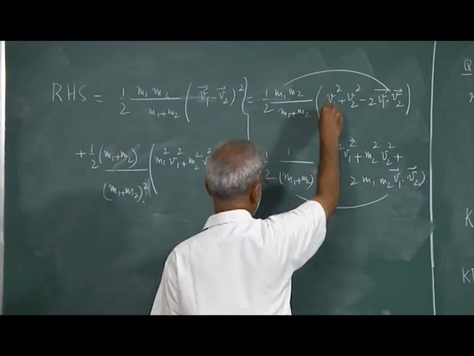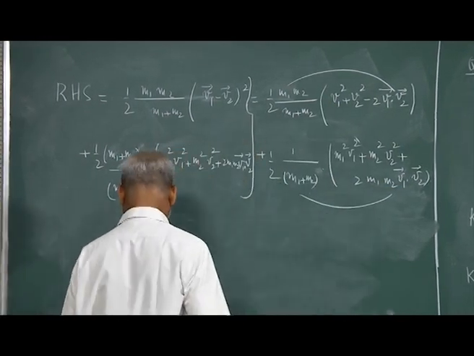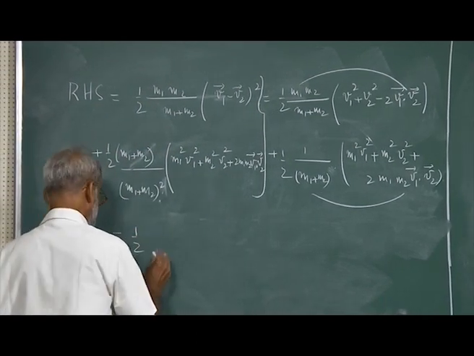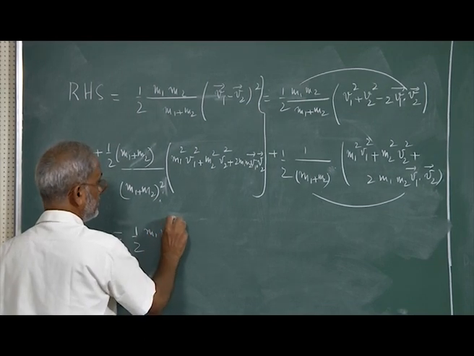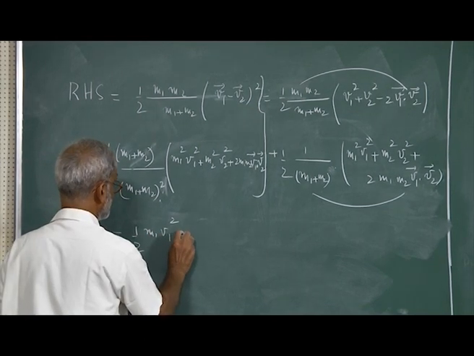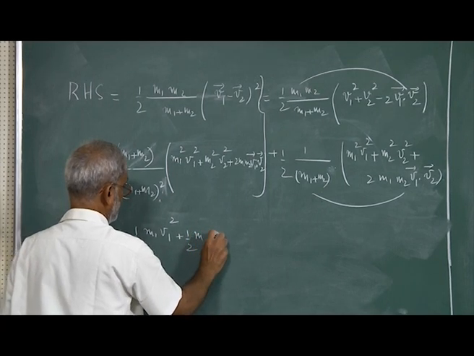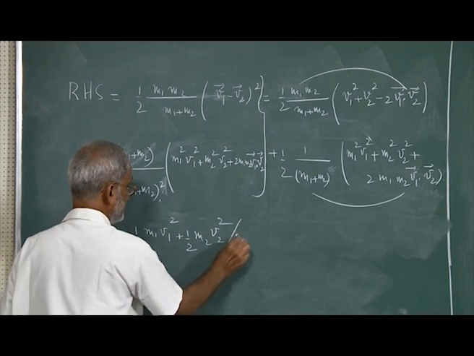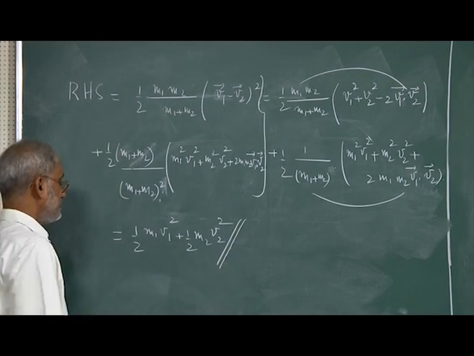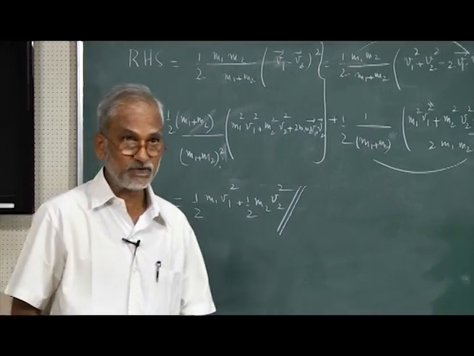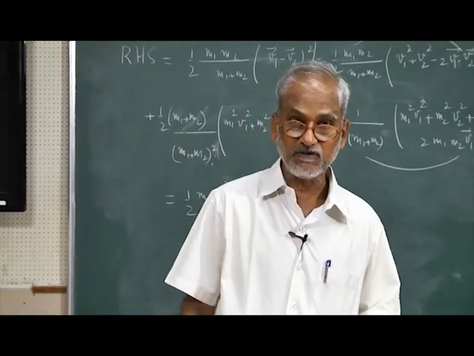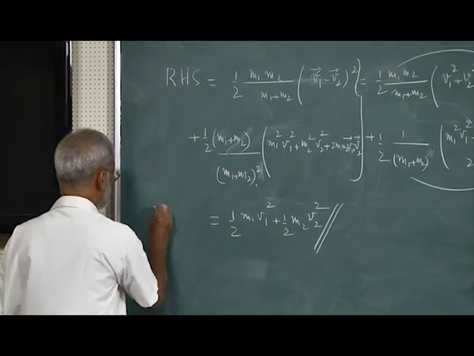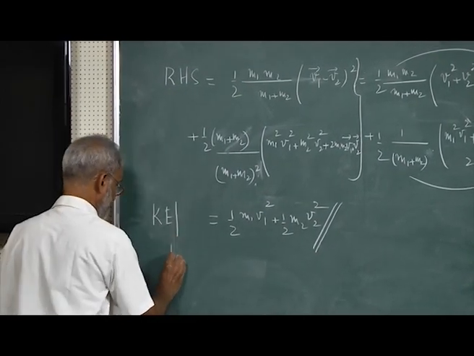So, remaining I need to add these two terms. I will have half of m1 v1 squared plus half of m2 v2 squared. This is the total kinetic energy of the system. So, we have a 2 particle system moving with velocities v1 and v2, and this is its total kinetic energy.